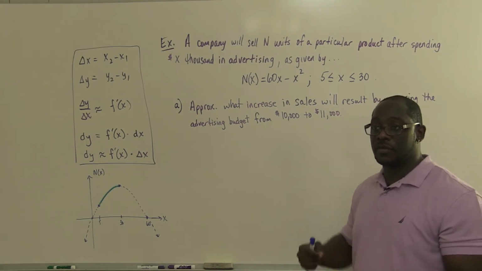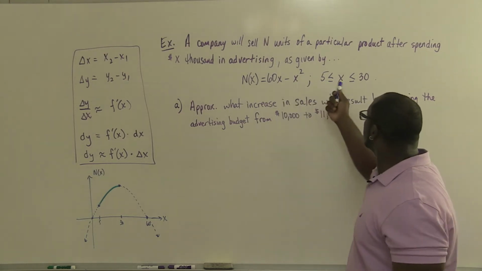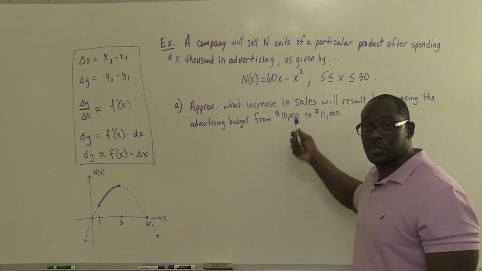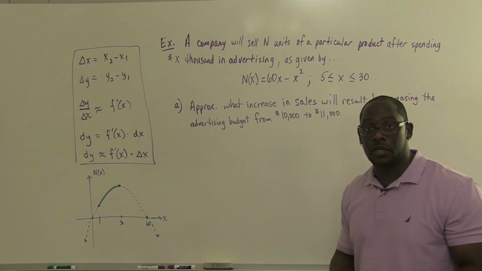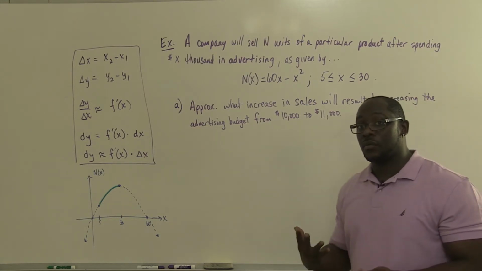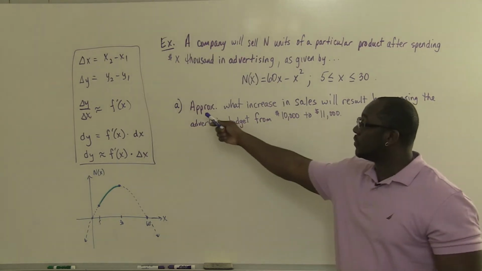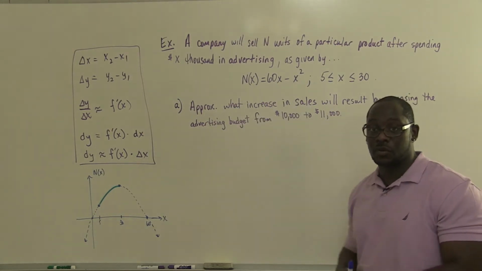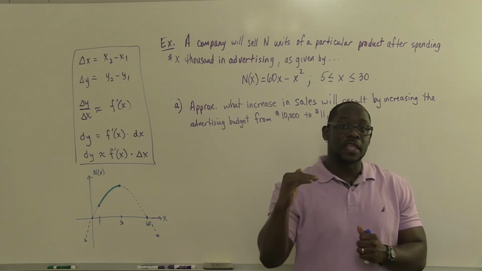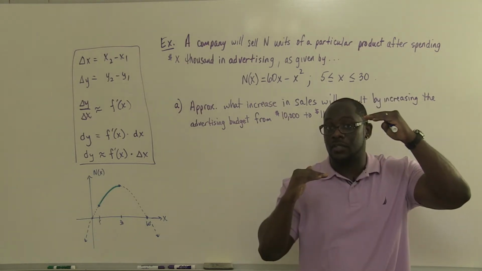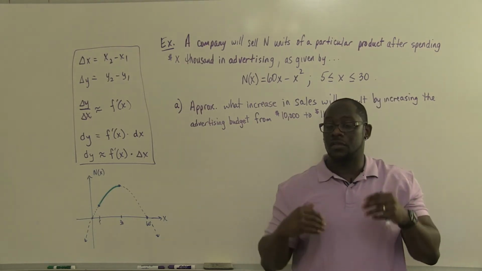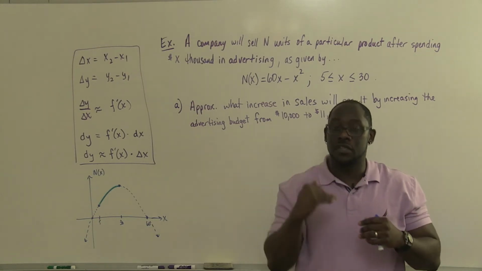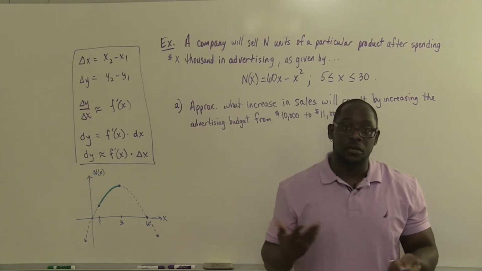We want to find the derivative at, let's say, in this case, x equals 10, plug it in and see what it is. That's not what it's asking for here. It's asking for the approximate what increase in sales. So we want to know from $10,000 to $11,000, that $1,000 difference, what would be the increase in the amount of units that they will sell or move.